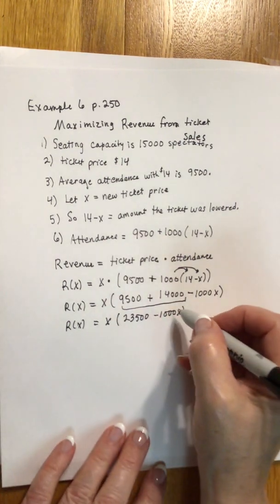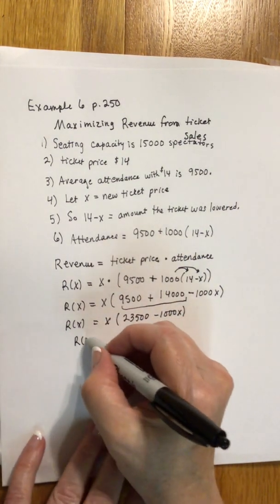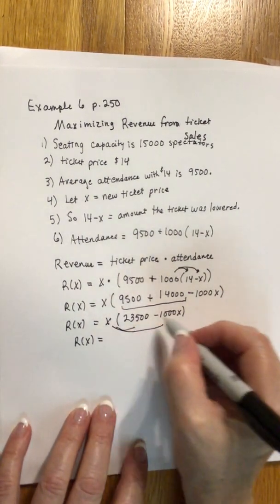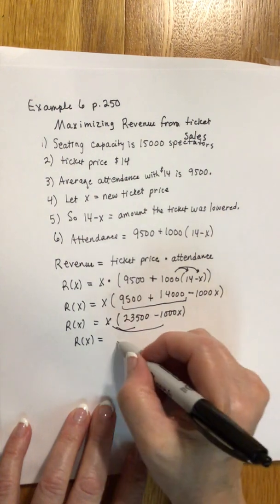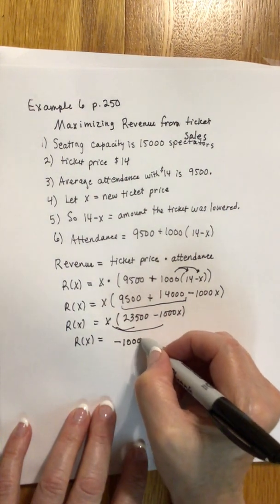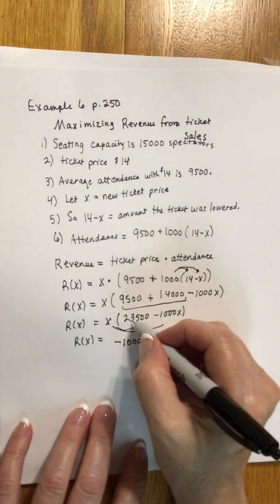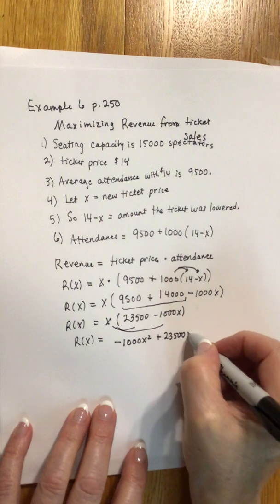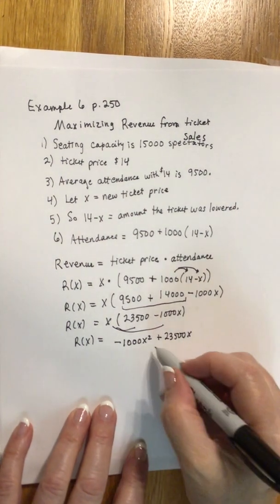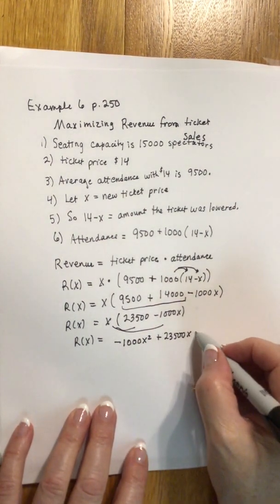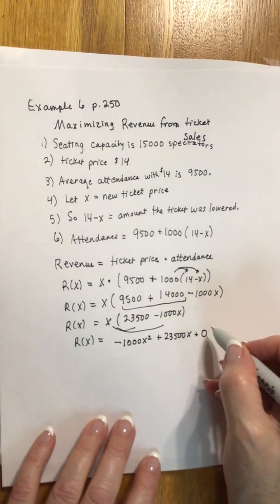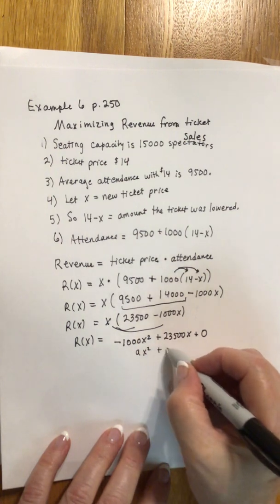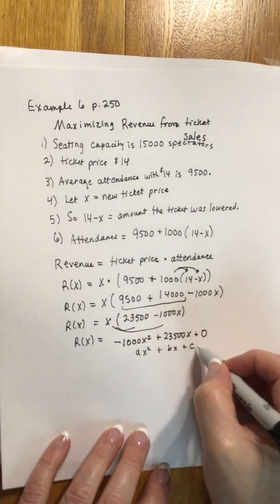Now we're going to distribute in the X. So I get R of X equals, and I'm going to bring this first one out first because this is going to be X squared. So negative 1,000x squared, and then this one's going to give me plus 23,500x. So there's no constant term, so we can write this as plus 0 for our constant term. So this would be our ax squared plus bx plus c.